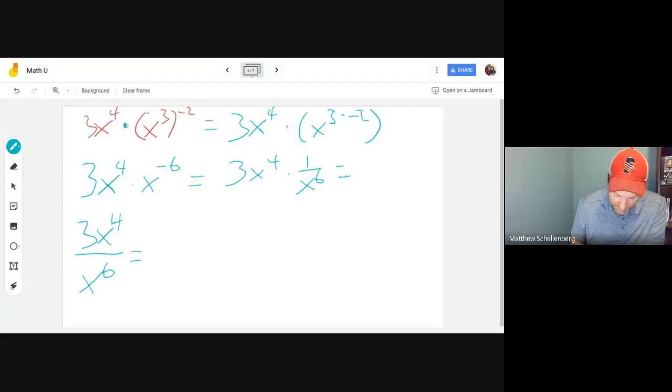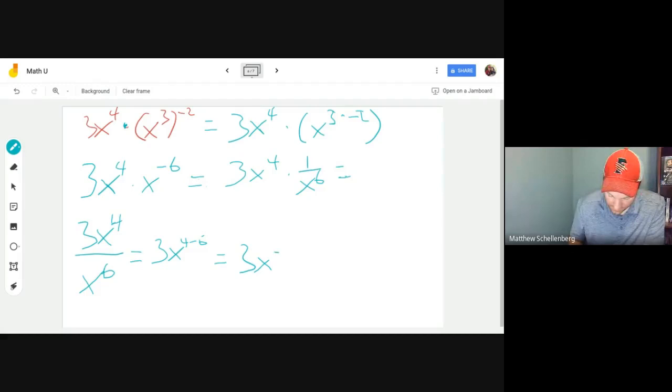And that is 3 times x to the 4 minus 6. And so that is 3 times x to the negative 2. You can also write that as 3 over x squared. And that is your answer.